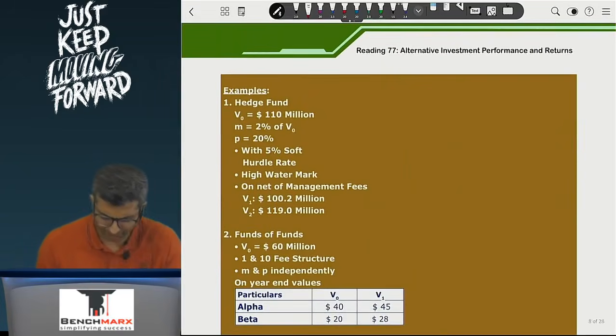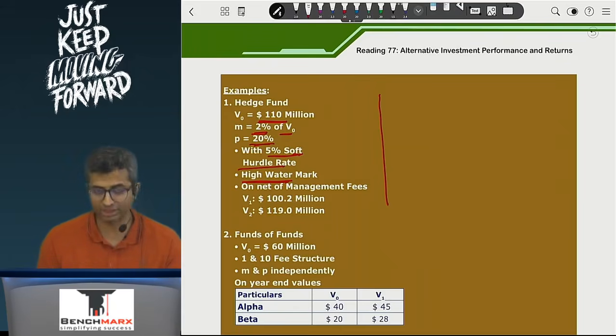An example we can discuss over here would be a hedge fund whose value today is 100, management fee is 2% of the value, and performance fee is 20%. There's a 5% soft hurdle rate, and there's a high water mark, which means you will only pay once you cross the highest limit, and all fees are net of the management fees.